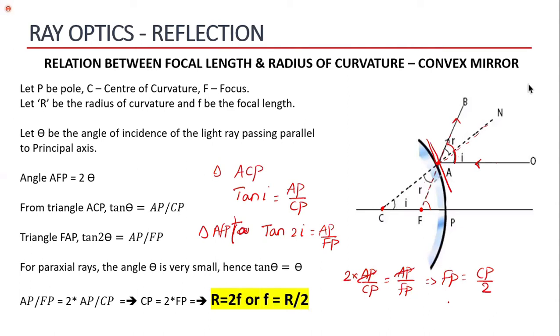So whether it is a convex mirror or a concave mirror, your focal length is always equal to half of the radius of curvature. Yes, sir.